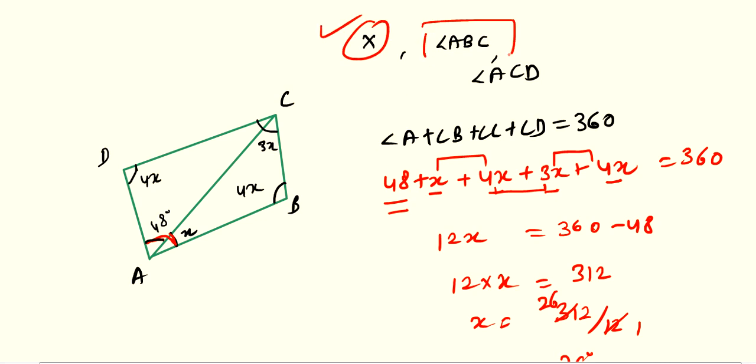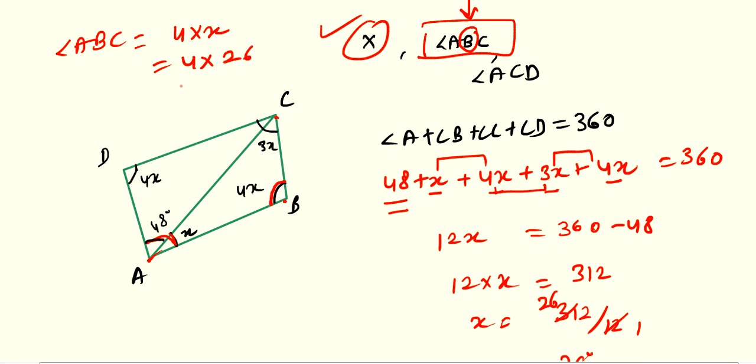Then angle ABC. Where is ABC? As I explained to you, angle ABC means the middle letter indicates the angle. So B we have to find, and as you can see, in B we have 4x. So angle ABC equals 4 into x.